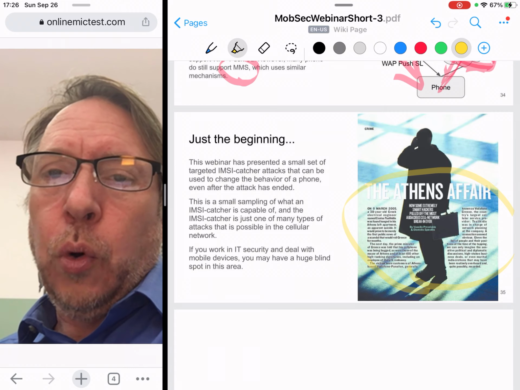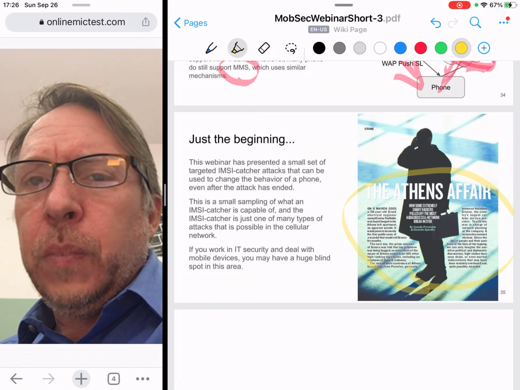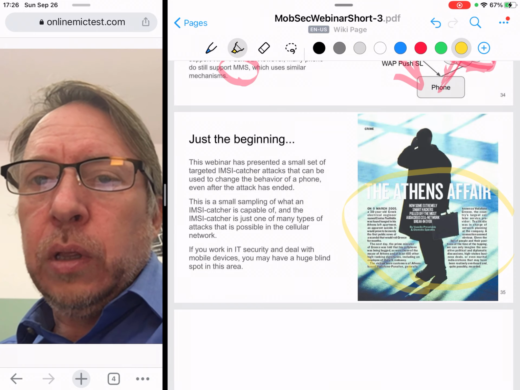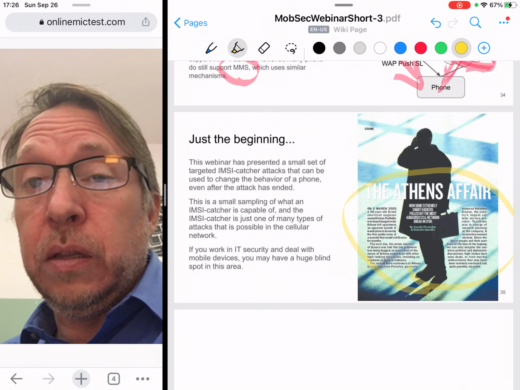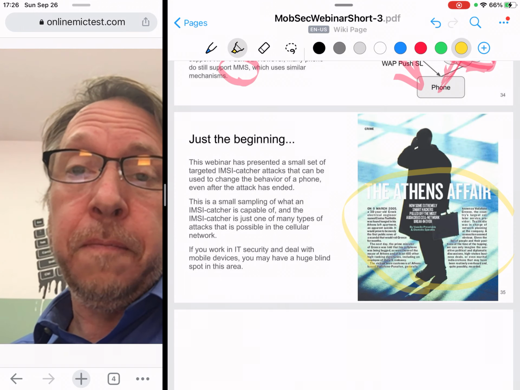Very, very interesting case that probably would have never come to light, except that the police sort of stumbled into this case when investigating a suicide. They kind of stumbled into this case by accident. There's a lot of other things out there that go on, and it's an interesting topic area.